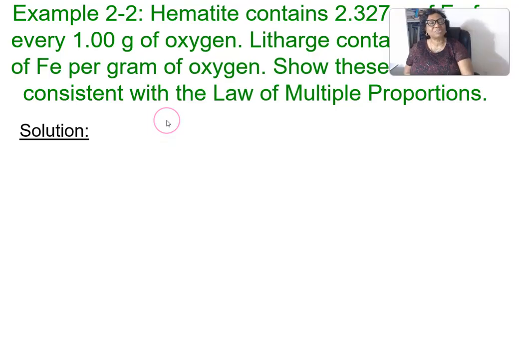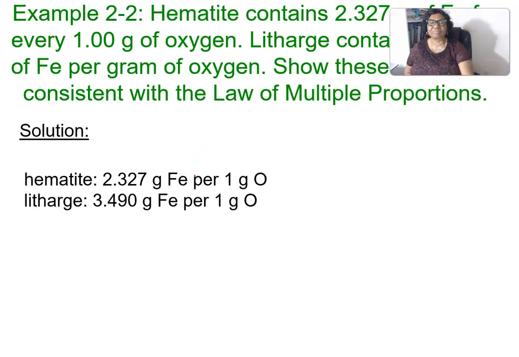So that's what we want to show. And how do you do this? This is the mass of iron in hematite that combines with 1 gram of oxygen.